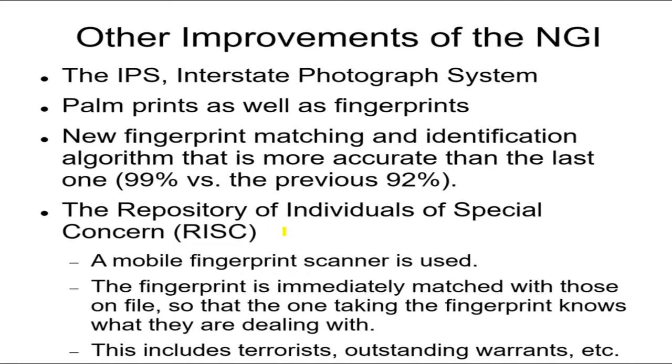It's compared to whatever's in the RISC, the repository of individuals of special concern, and you might find that this guy is a homegrown terrorist, whose town is the one that you just captured him in, and you should know that this guy has a lot of friends in town, and you might want to beef up the security, so you'll know what you're dealing with when you pick up the person. So that's the idea of the RISC. The police or law enforcement, whatever it might be, will know who they're dealing with as soon as possible.